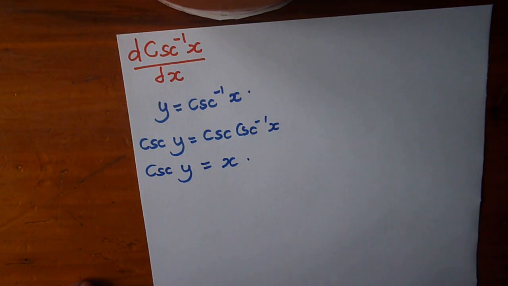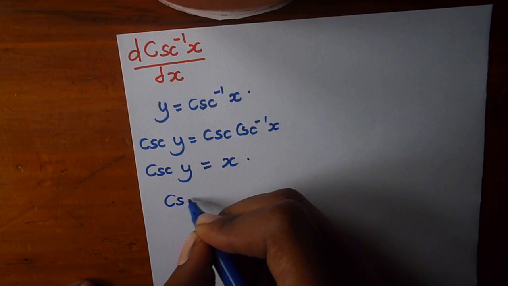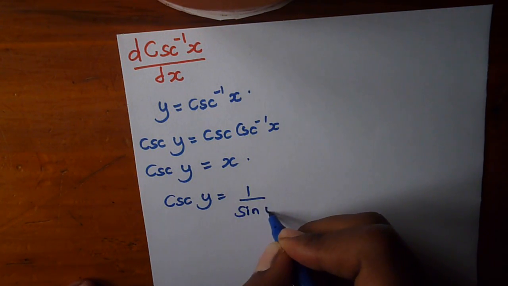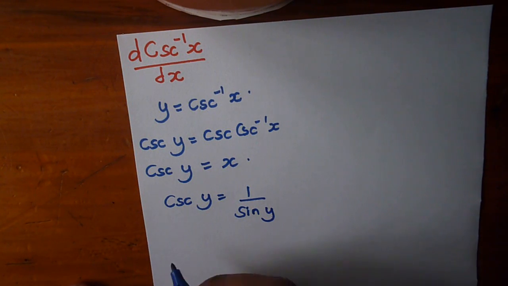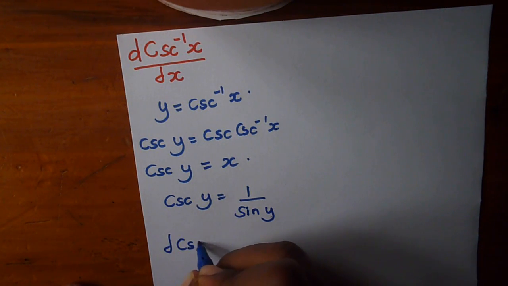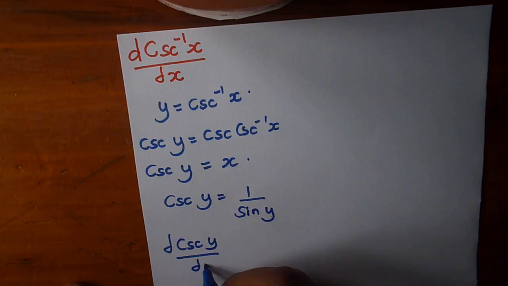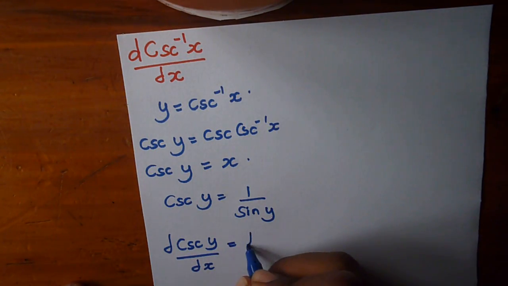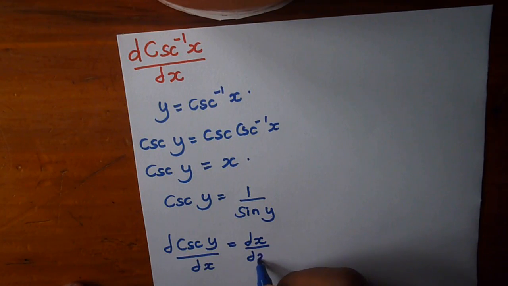Then we're going to get the derivative on both sides, remembering that cosec y is the same as 1 over sine y. So we'll get the derivative of cosec y with respect to x, since our question was with respect to x, and we'll do the same for the other side.